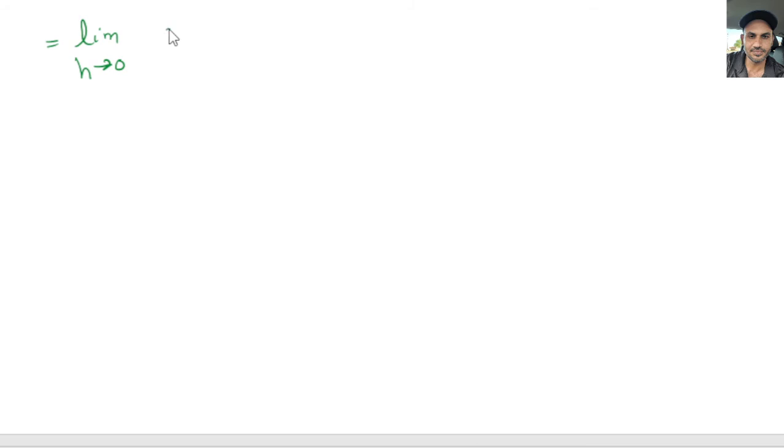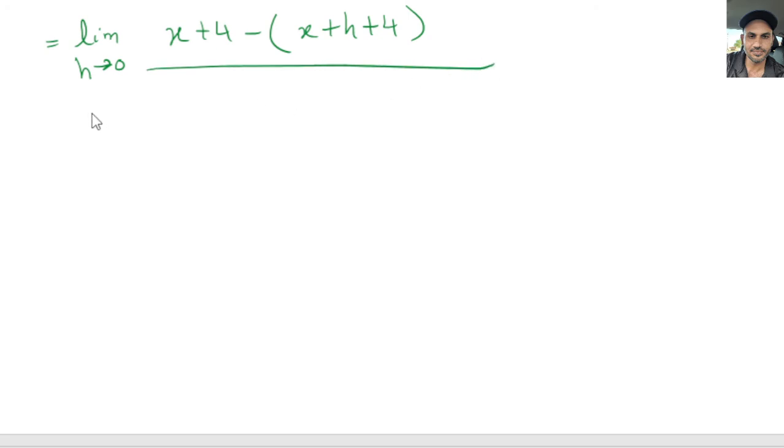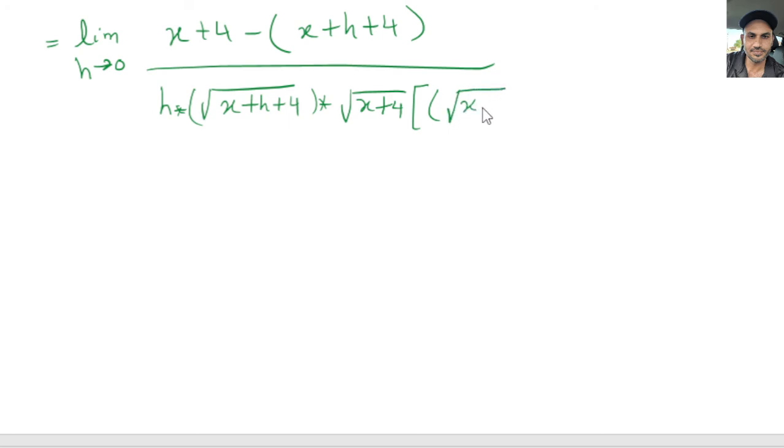So we have x plus 4 minus x plus h plus 4, and then in the denominator we have h times square root of x plus h plus 4 and times square root of x plus 4, and then we have this other term, square root of x plus 4 plus square root of x plus h plus 4. Okay, so that's what we have, and let's go ahead and simplify this.